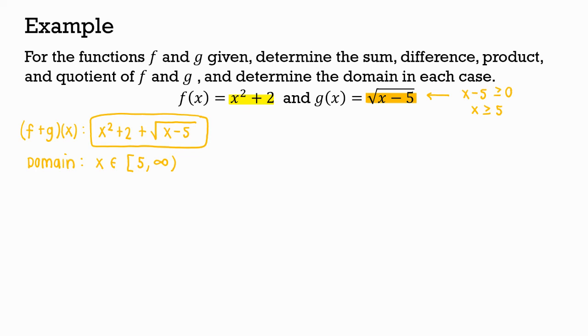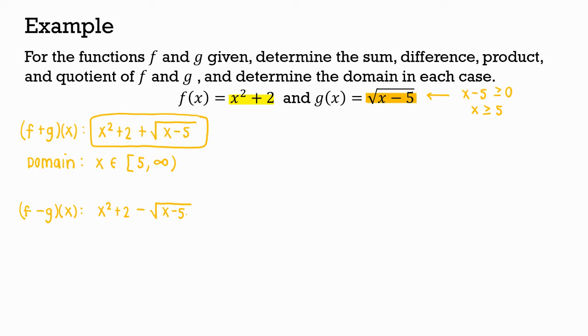If I want to do the difference, if I'm thinking of f minus g of x, we'll start with the f of x function, which is x squared plus 2, minus, now I want to do the g of x function. Well, the nice thing is that g of x is only one single term. It is this entire square root.